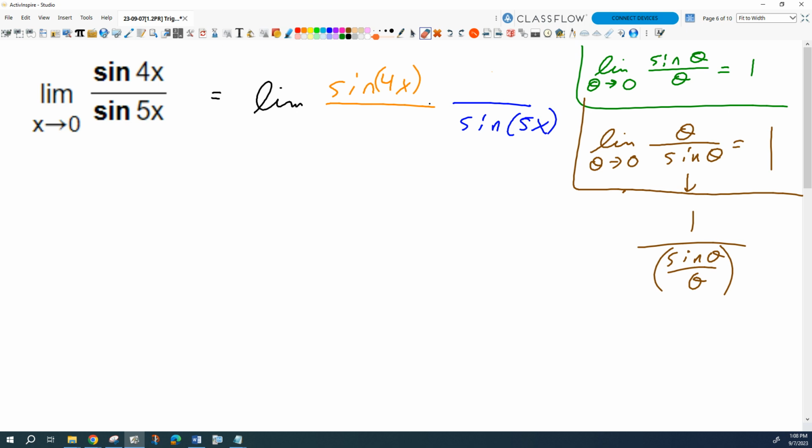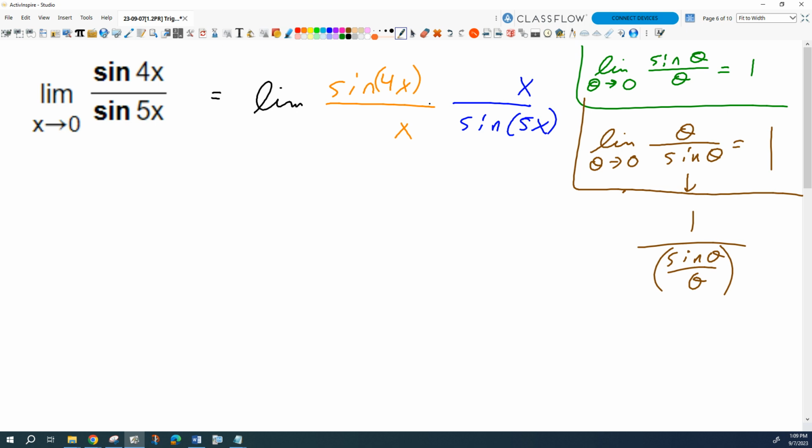What do they have in common? They both have an x, right? So one thing I could do is multiply through by x over x. And I've just got a product of fractions here. So the top is just one big numerator, the bottom is just one big denominator. Ultimately, we'll separate these into two separate entities.